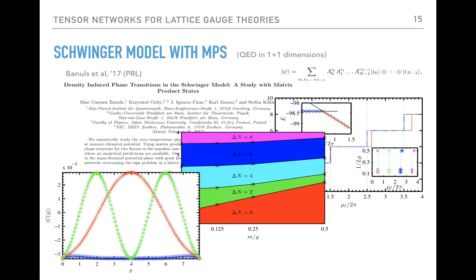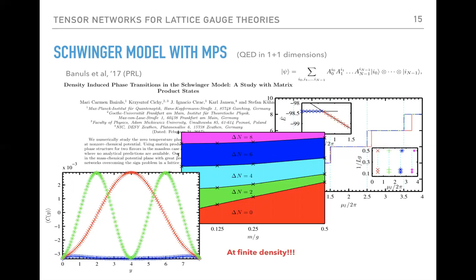Basically, what they did was to put in two flavors and create an imbalance of flavors by adding a chemical potential. This would be a situation in which the standard Monte Carlo approach would suffer from the sign problem. But in their approach, of course, there is no sign problem. So they were able to map out the complete phase diagram, also take the continuum limit, and basically solve the Schwinger model completely.